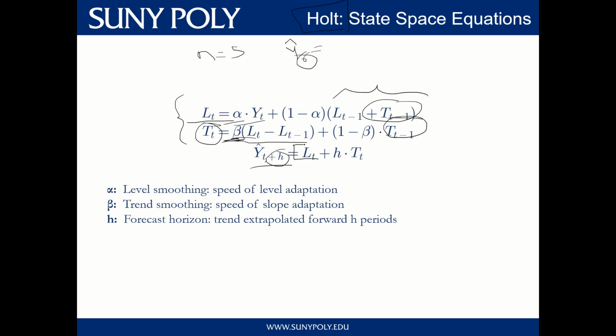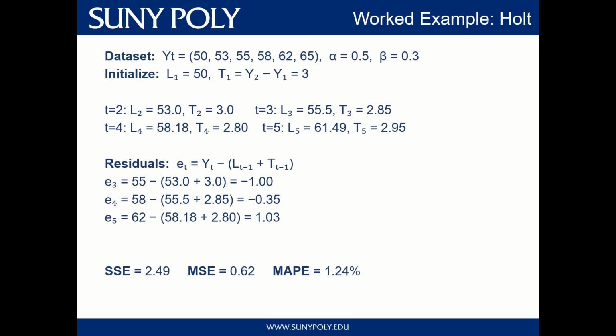With the last estimation of the level plus h times the trend. So if you want to estimate one period in advance, that would be the last level that was estimated plus the last trend that was estimated times 1, so h is equal to 1. We will come back to this equation once we're solving a problem with numbers, like this one.